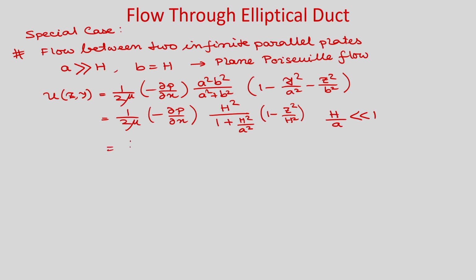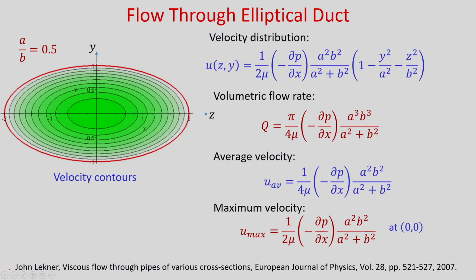So, you can write 1 by twice mu minus del p by del x h square into 1 minus z square by h square, okay, and now u is function of z only. So, we have found the velocity profile for plane Poiseuille flow, and it is same as we derived for the flow between two infinite parallel plates.